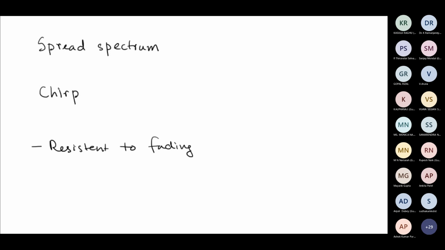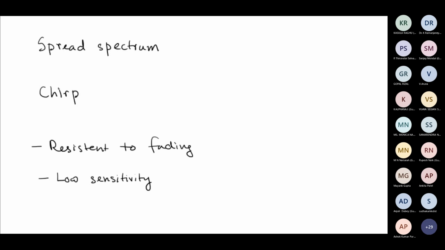And what that means is that when we use CSS, we have receivers with rather low sensitivity. So the sensitivity of a receiver determines how weak a signal it can successfully receive. So if we have a receiver with low sensitivity, that receiver can work in an environment where the received signal has been attenuated to a great deal due to fading as well as due to path loss.